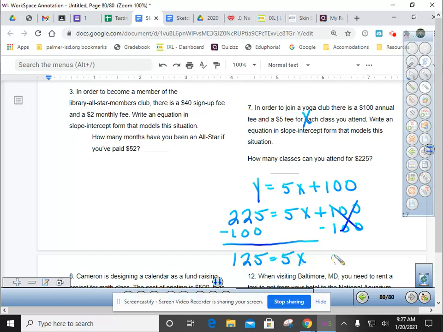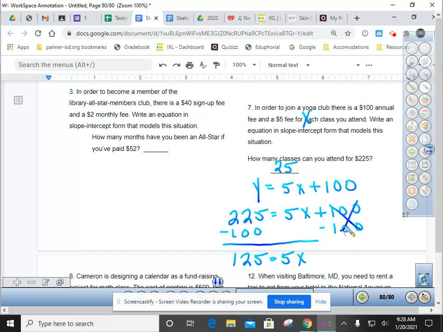And what's 125 divided by 5? 25. That's why you work it out.